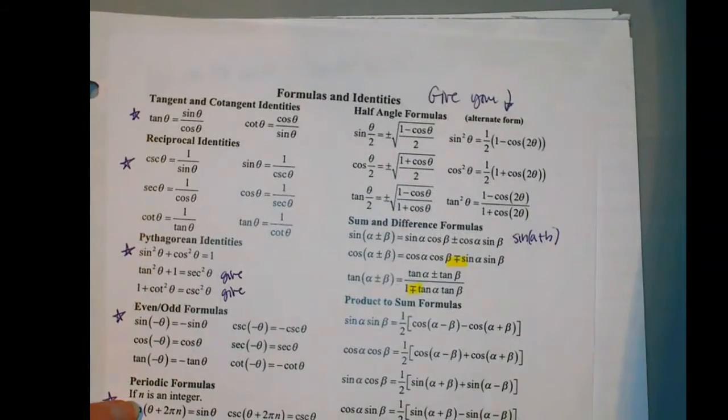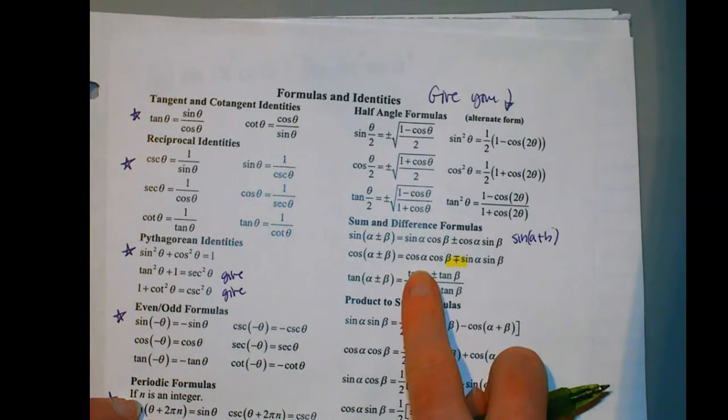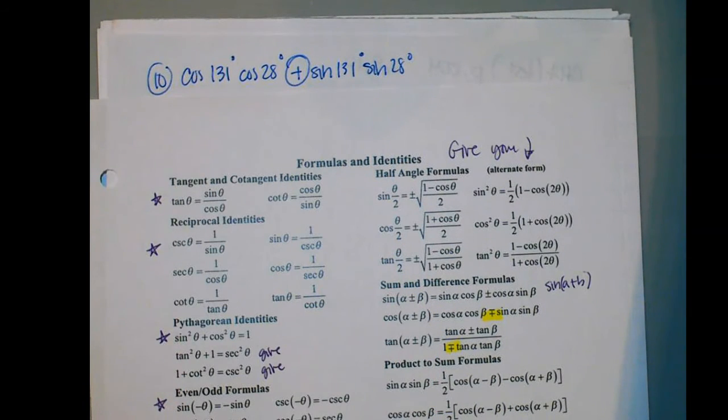If you look through your work, the different practices that we've done, and you take into consideration 8 and 9, hopefully you were able to follow what was going on there, that this is an addition identity. So you go to your list of addition identities, sum and difference, this is addition, and you say which one of these has cosine together? Which one has cosine together? Is it cosine or sine?